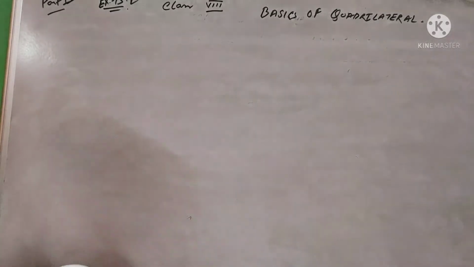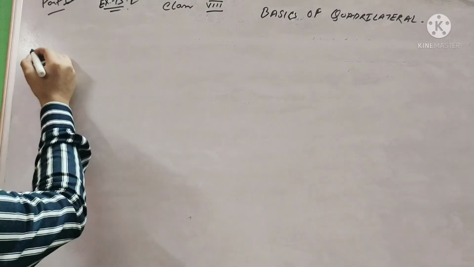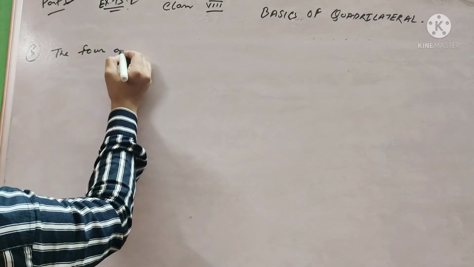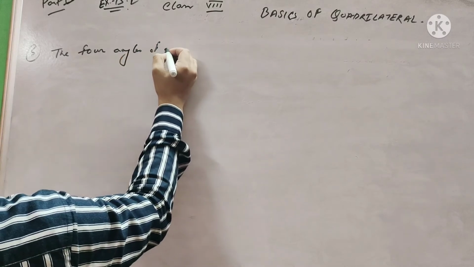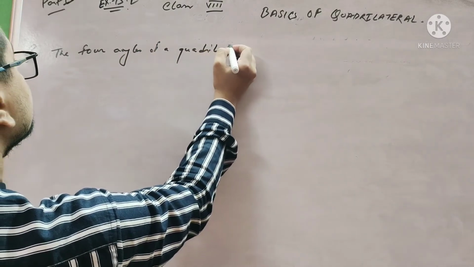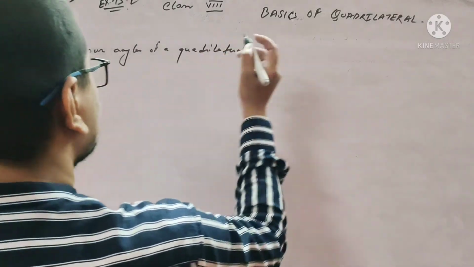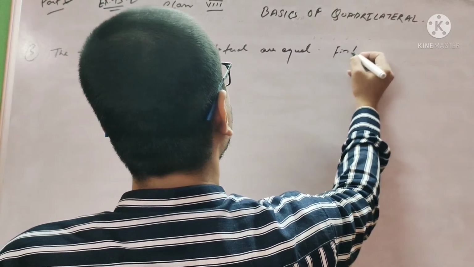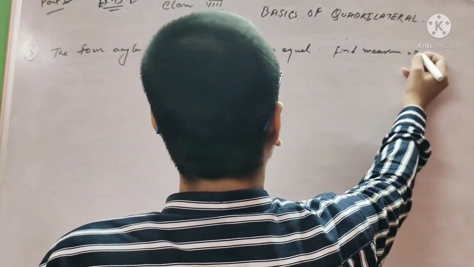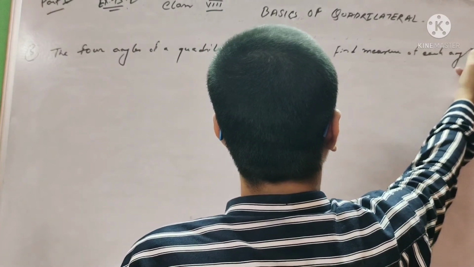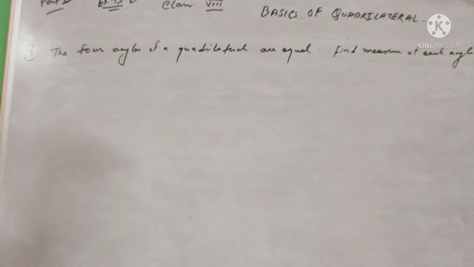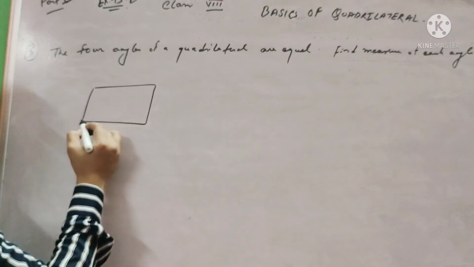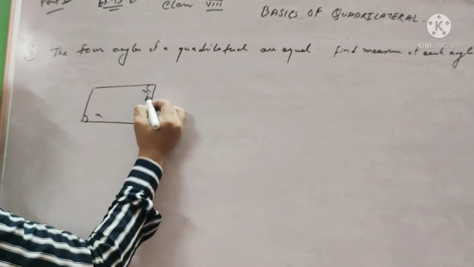Now turn for question number 5. The four angles of a quadrilateral are equal. Find the measure of each angle. That means x, x, x, x.